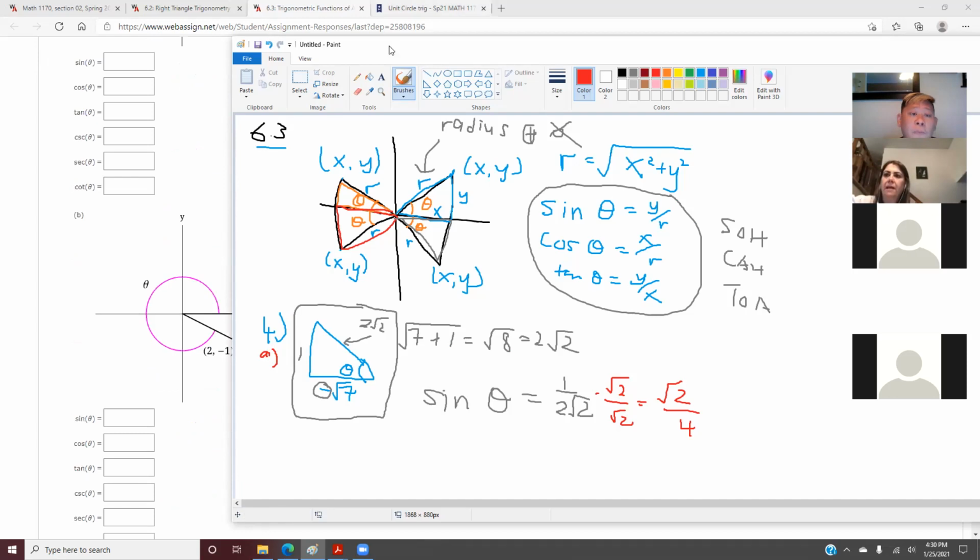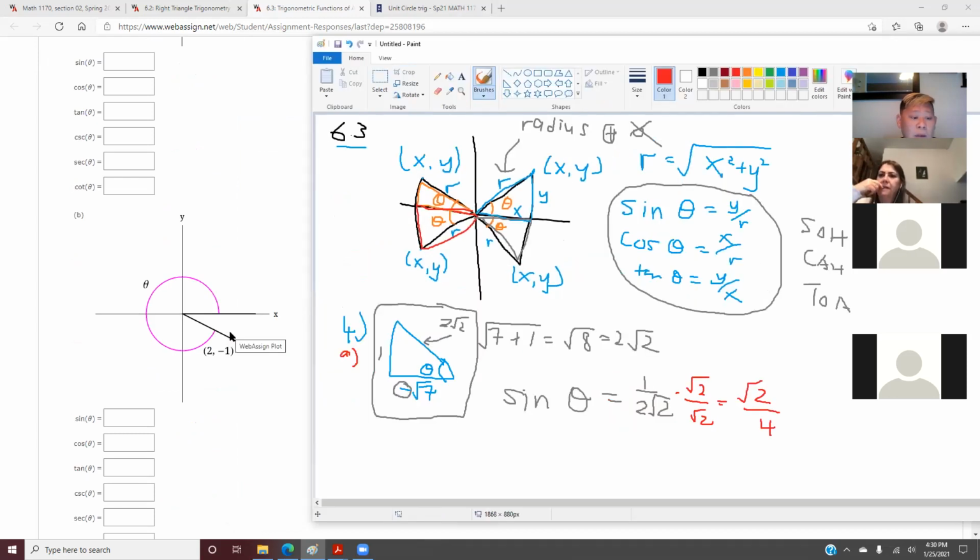If I do 4B here, this is 4B. If I want to draw a triangle, because this is in quadrant 4, your triangle will look like this one, this triangle, because it's in quadrant 4. And these are the coordinates that are given to us.